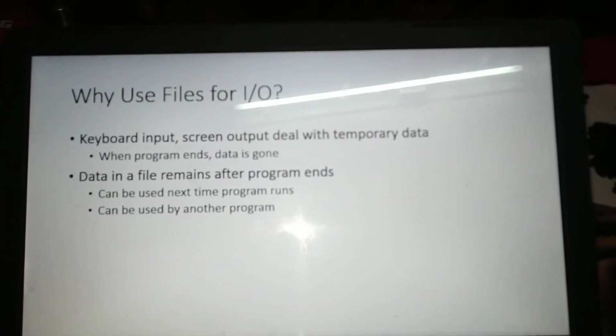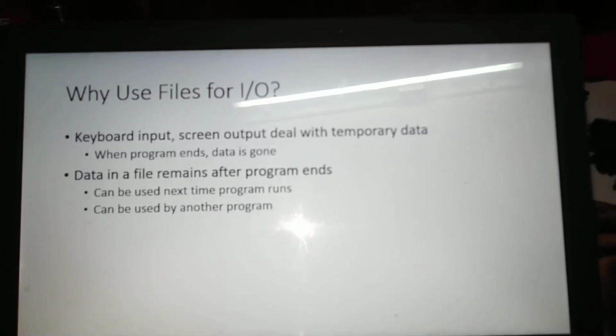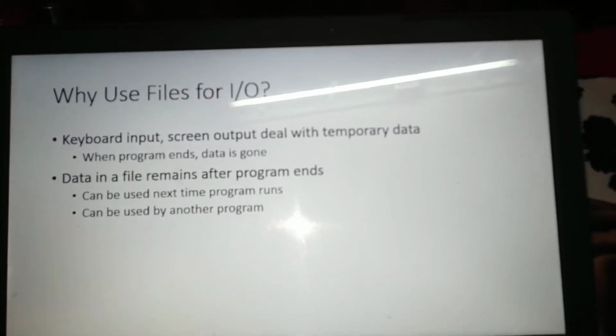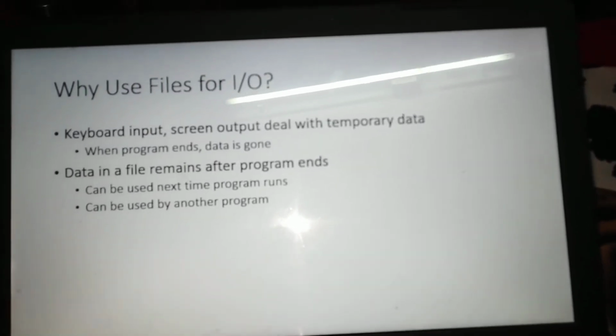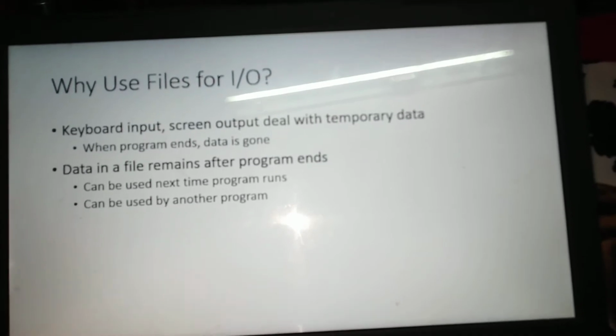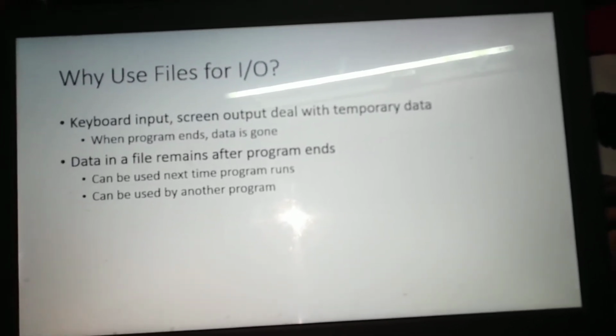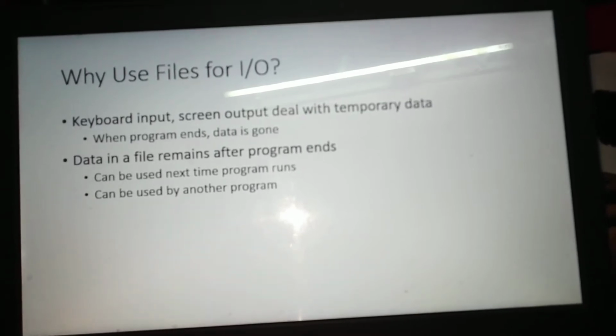Before getting into creation of a file, it is necessary to know the use of the file, which is used for reading and writing operations. Since we get input with the help of the keyboard and display the data on the screen, these activities deal with temporary data.